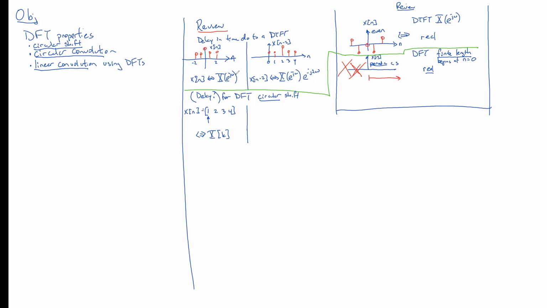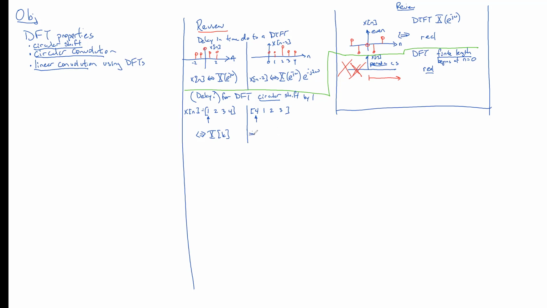All right, so if we circularly shift our input, the circular shift of this by 1, as an example, would shift this 4 circularly back to the beginning. And it would look like this.